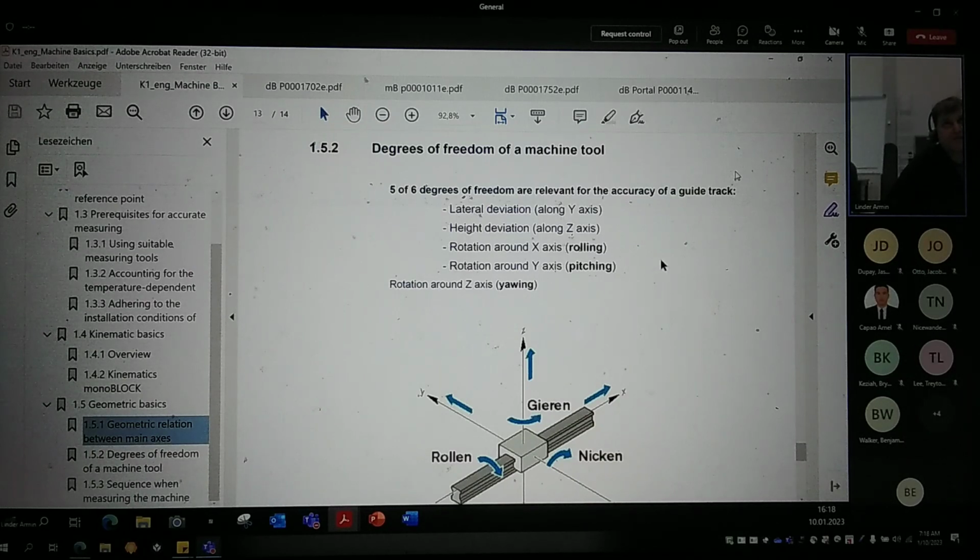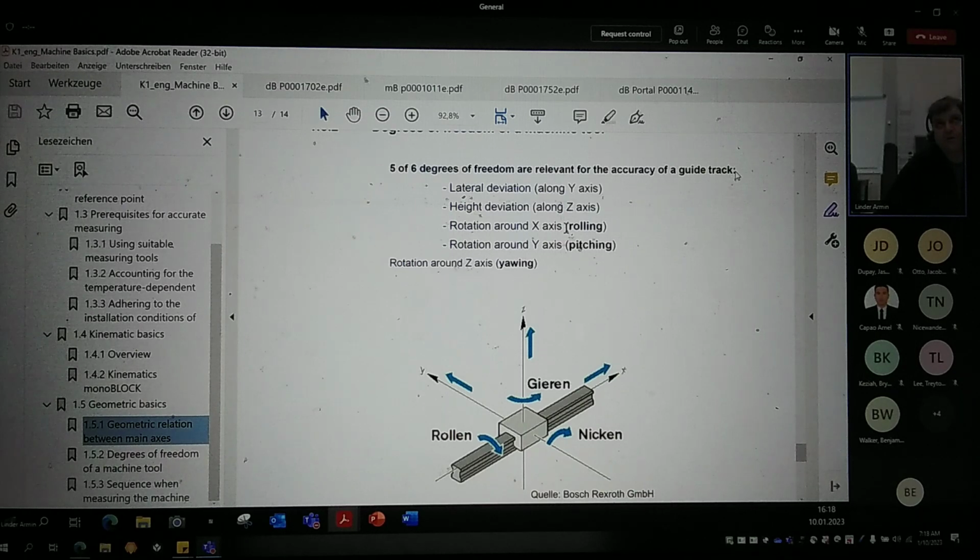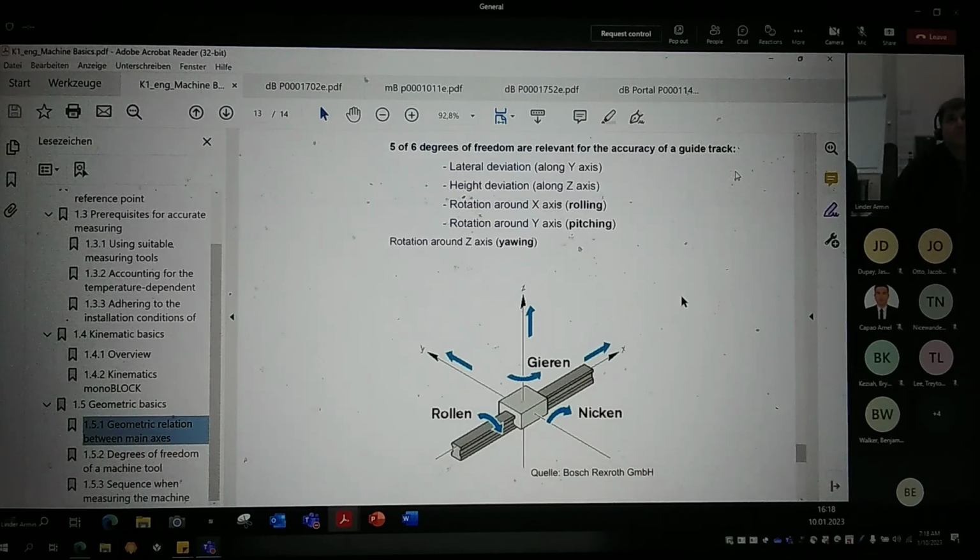From the x-axis we call it rolling, on the y-axis we call it pitching, and on the z-axis we call it shaving.